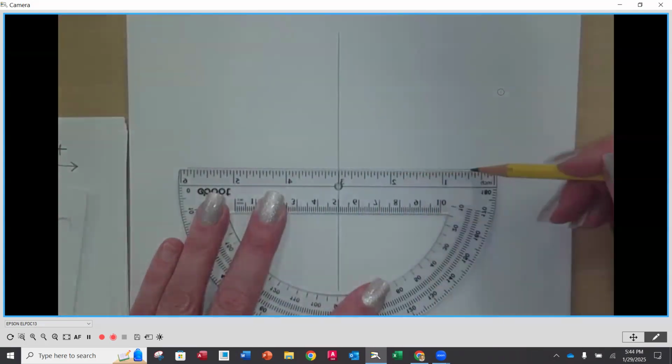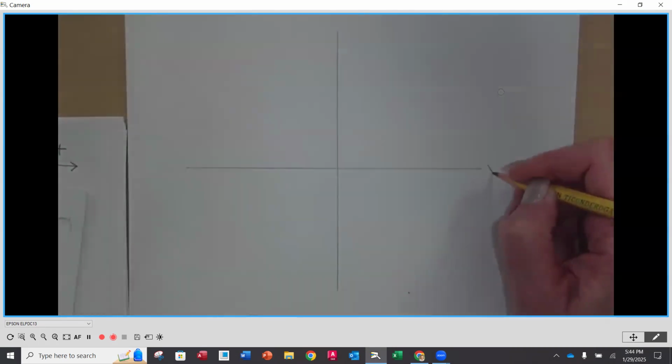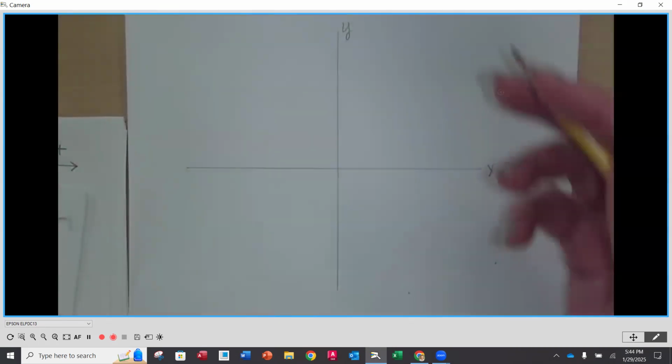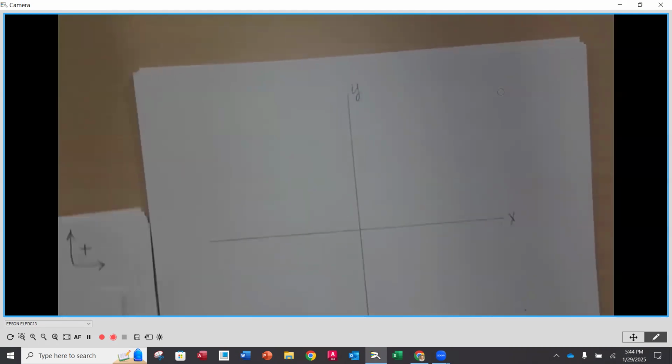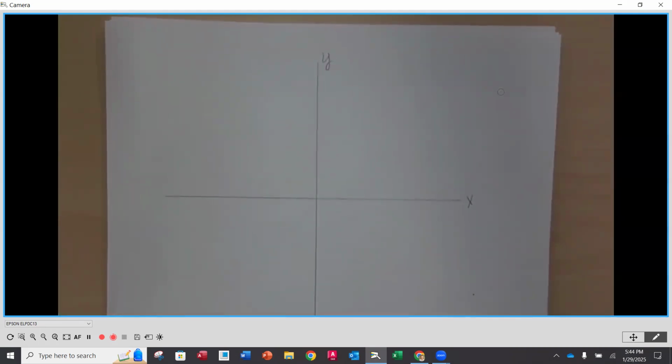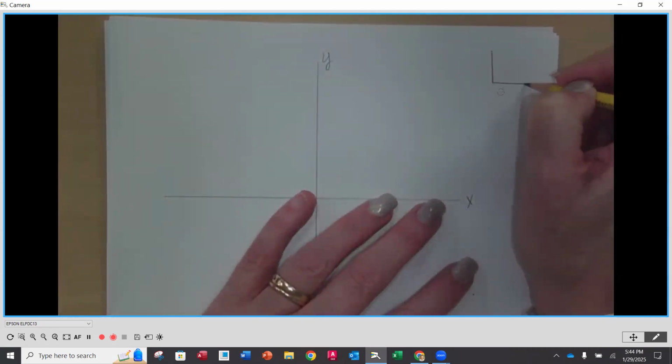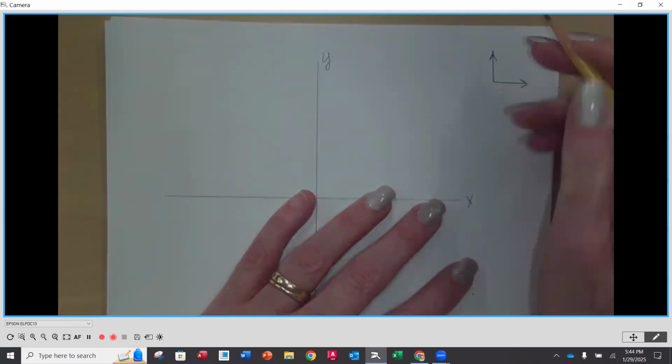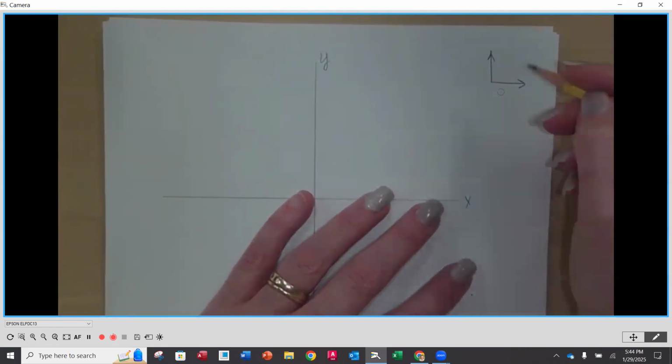Okay, so this is going to be my X and Y axis, all right? And we are going to have our positive direction of X and Y in the standard direction. On every one of the problems going forward, we are going to put up in the upper right-hand corner something we call the convention, okay?